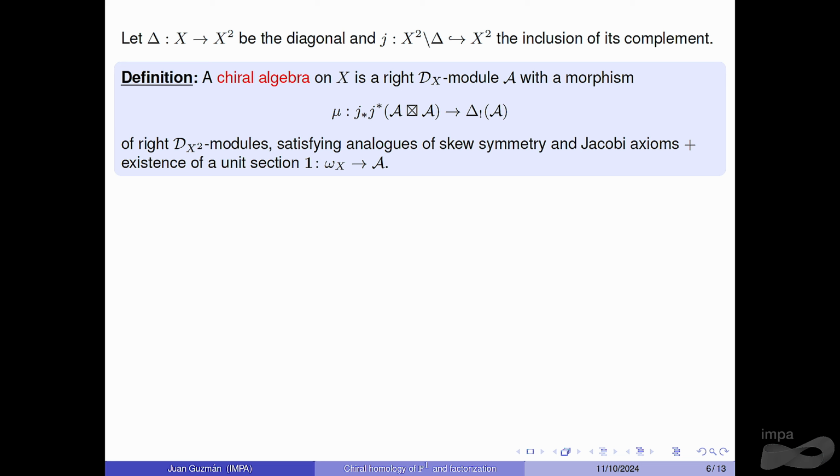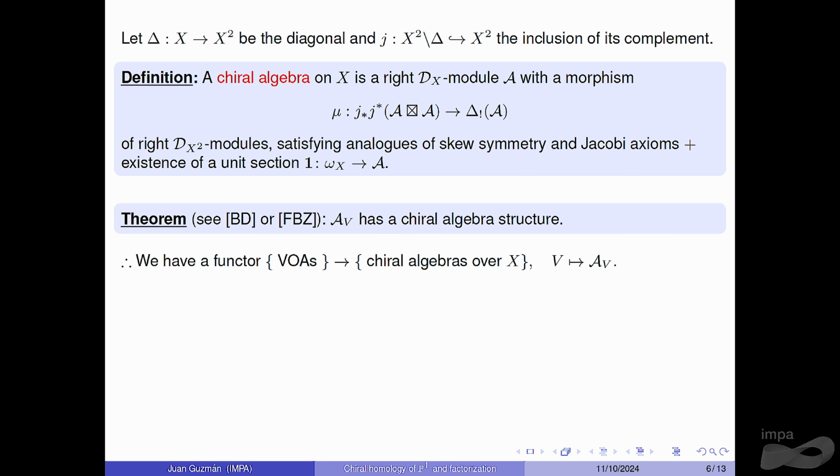And in that world, you can define a chiral algebra as something very, very close to a Lie algebra. In fact, it's a Lie algebra for the chiral operad. Doesn't really matter. The thing is, we have a theorem that tells you that whenever you start from a VOA, you get this chiral algebra, which now has a product. Now we have some way of multiplying things over this sheaf.